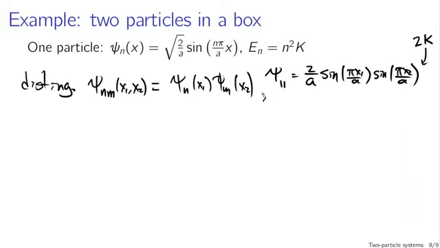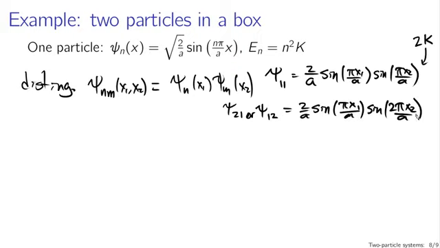The first excited state, and there are two ways I can do this. I could write psi 2,1 or psi 1,2, depending on which particle I bump up from the ground state. It's going to be 2 over a, sine pi x1 over a, sine 2 pi x2 over a, if, for instance, I use this combination.